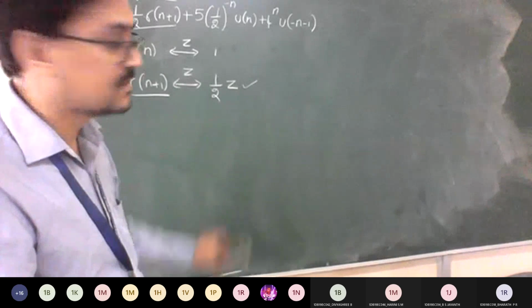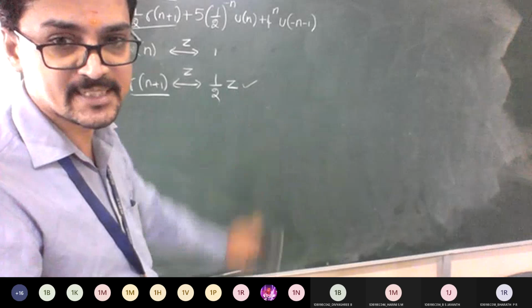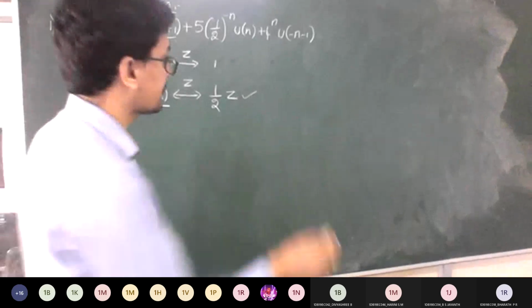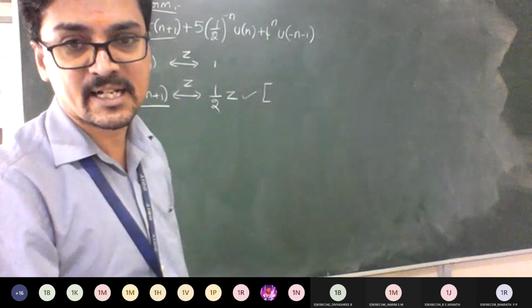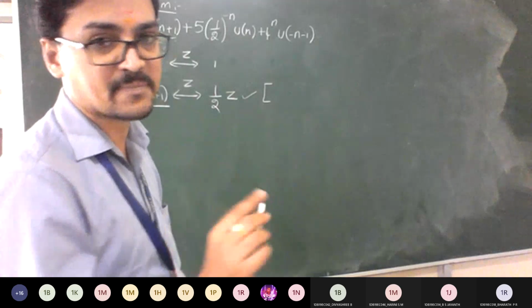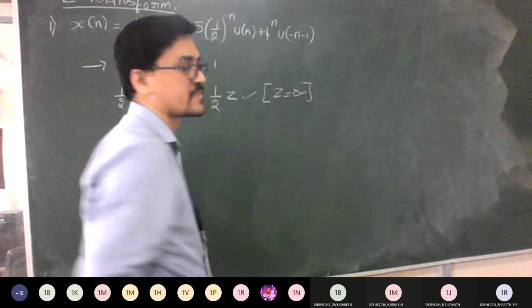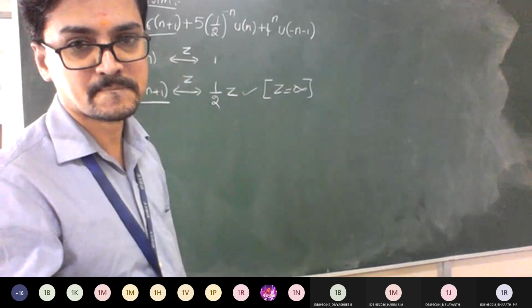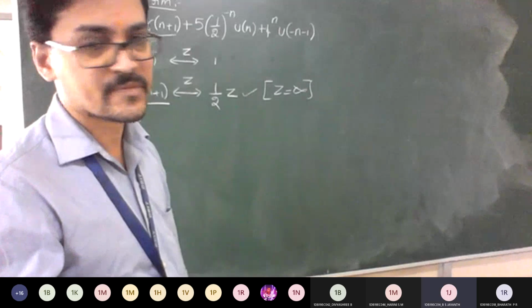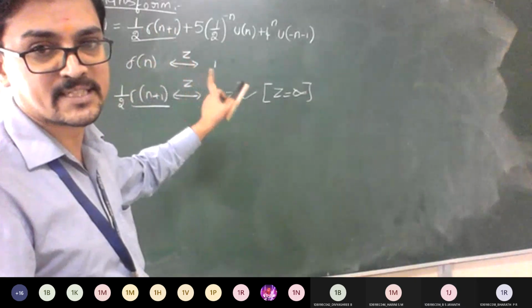Except infinity, for all remaining values your ROC exists. In the bracket, you need to make a comment: ROC exists for the entire Z plane except Z equal to infinity. Is it okay? Yes, sir. Good. Out of 3 properties, 1 property is done.